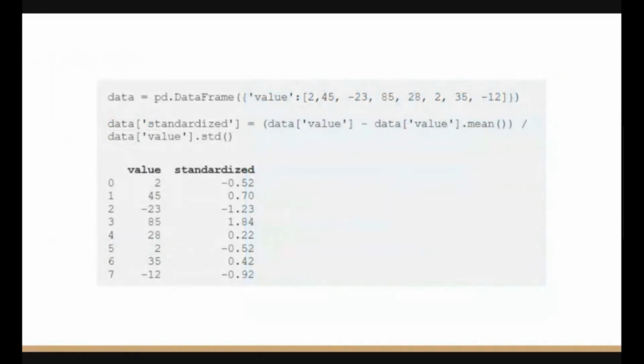Here is sample code for implementing standardization on a sample data set. In the first step, like we have done for the normalization procedure, we defined a sample data set in a pandas data frame, which is this line of code.